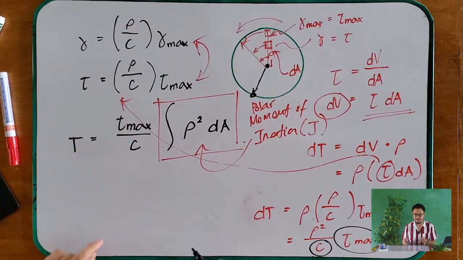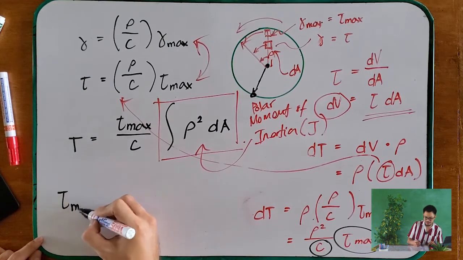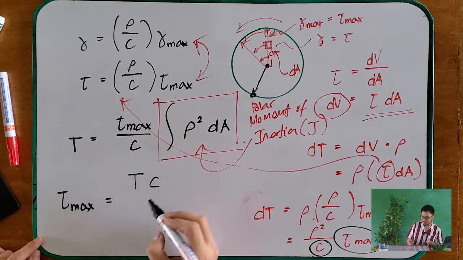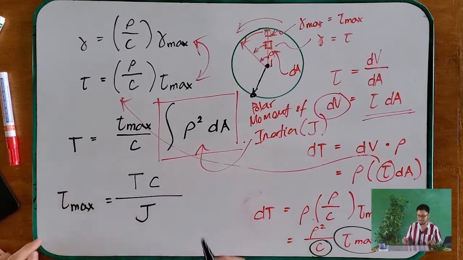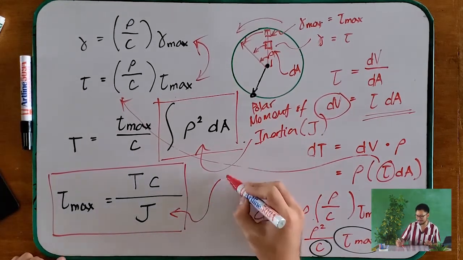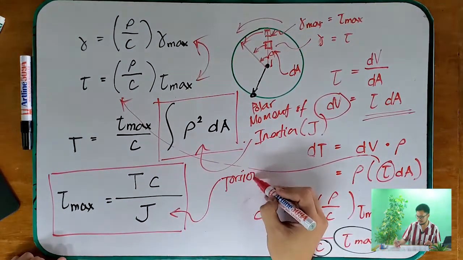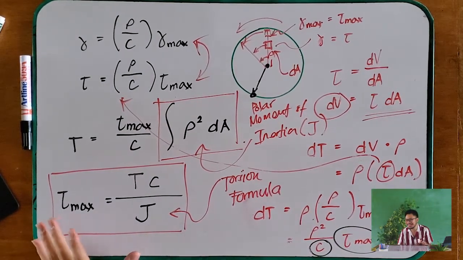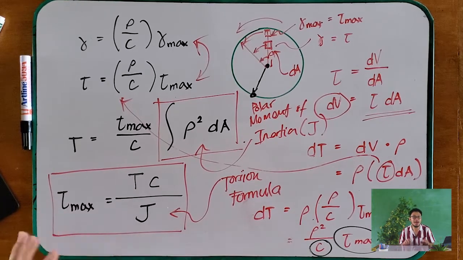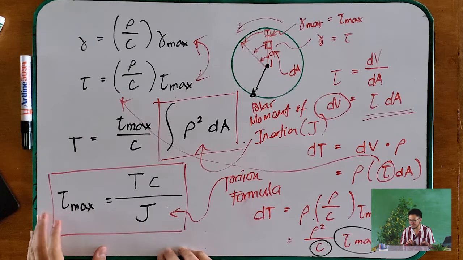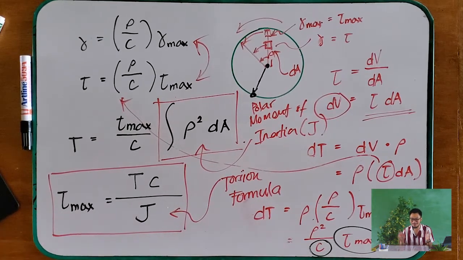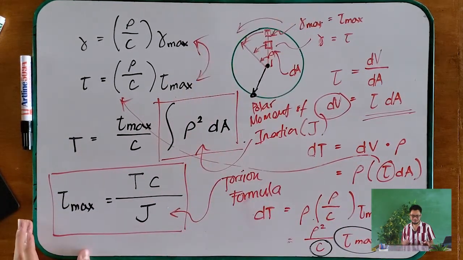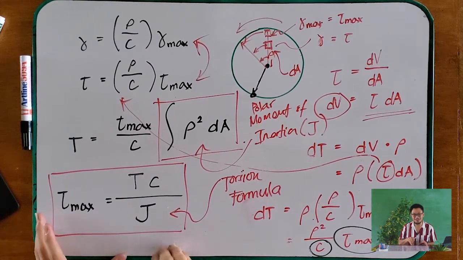And therefore, we can simplify this equation further to get your shear stress maximum. What you will do is your T multiplied by your radius over your polar moment of inertia. So, this is your torsion formula. Okay? So, no need to memorize it. Just remember these formulas from earlier. What is important is that you know how to derive the formula, from what we learned and did earlier. Okay? Understood? So, this is your general formula for your torsion.